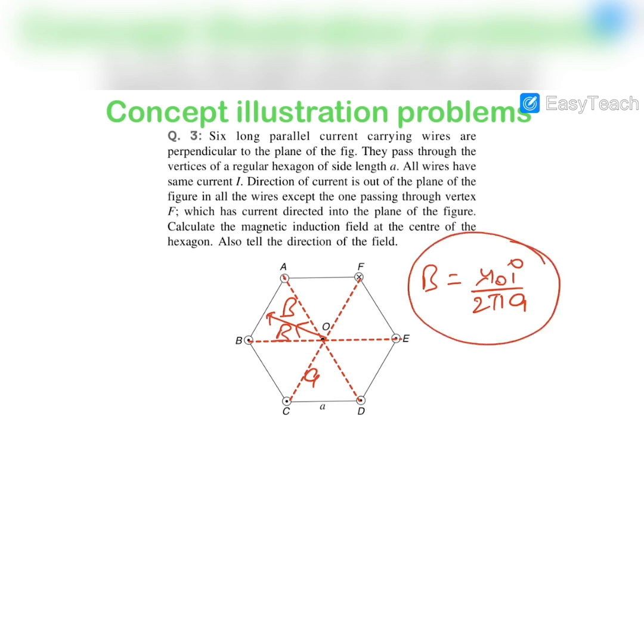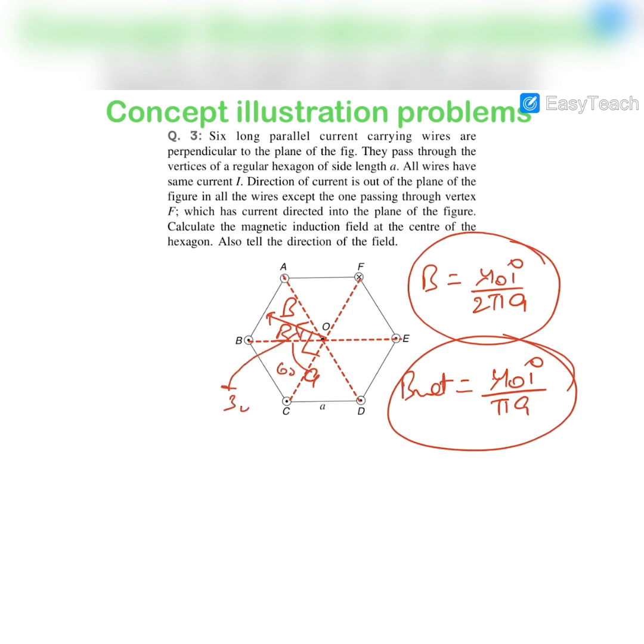And the net magnetic field will be mu naught I by pi A, because it would add up like that, and this angle would be 90, this is 60, so this will be 30. So this angle is 30, and this will also be 30.